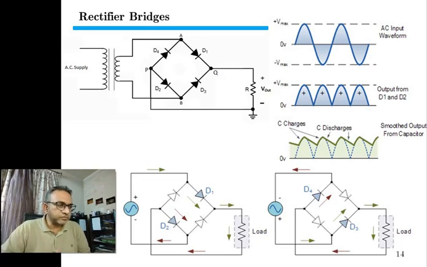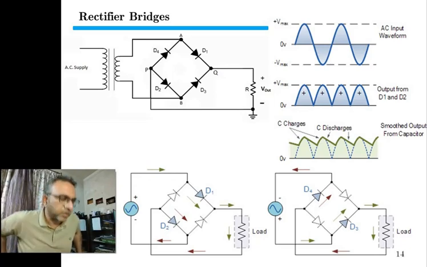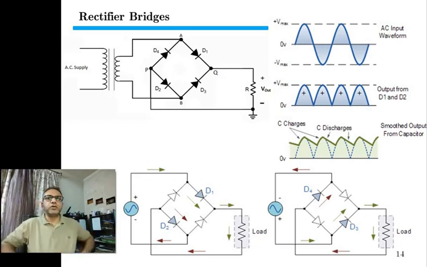This circuit diagram shows the application of diodes being used to convert AC voltage into DC voltage. In 80% of cases in the industry, diodes are used to convert AC power into DC power, or AC voltage or current into DC voltage or current.